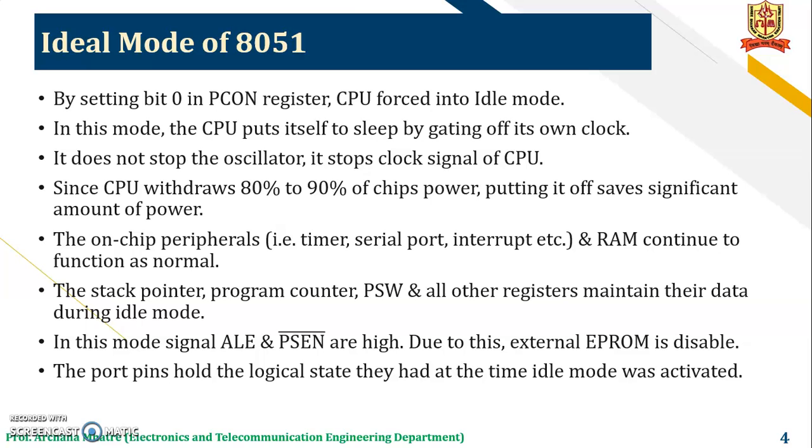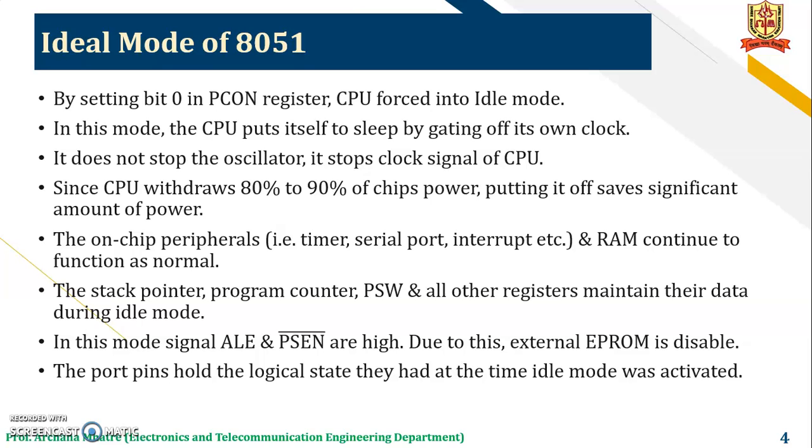It does not stop the oscillator, it stops the clock signal to the CPU. Since the CPU draws 80 to 90% of chip power, turning it off saves a significant amount of power. The on-chip peripherals, that is timer, serial port, interrupt, etc., and RAM continue to function normally.